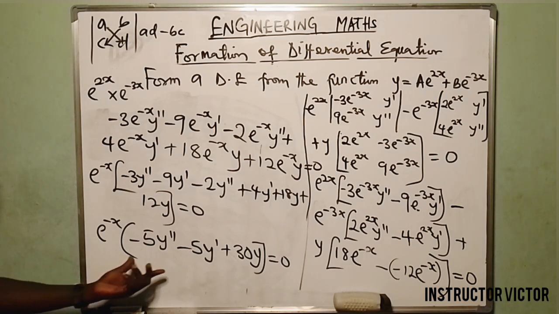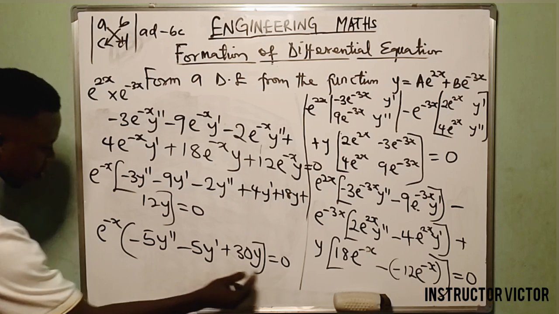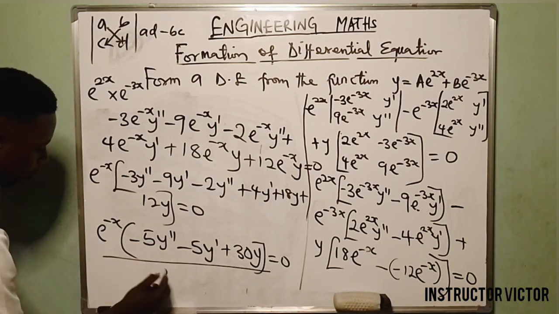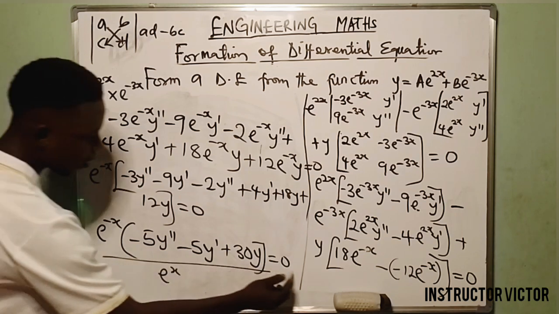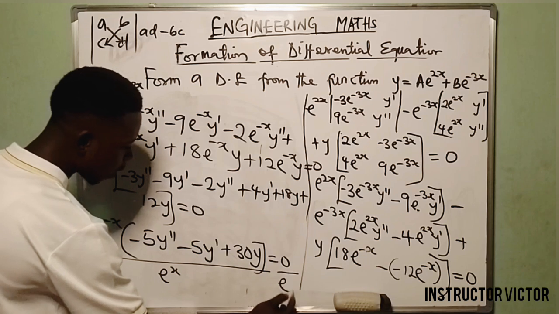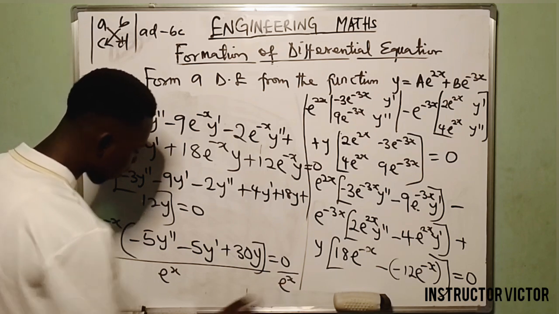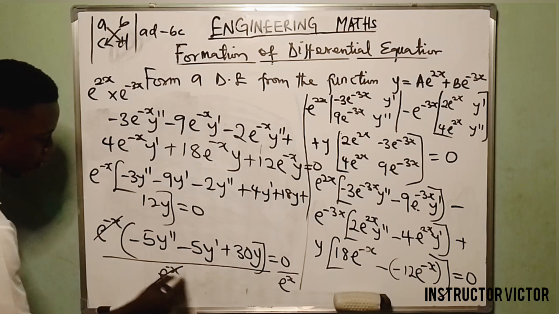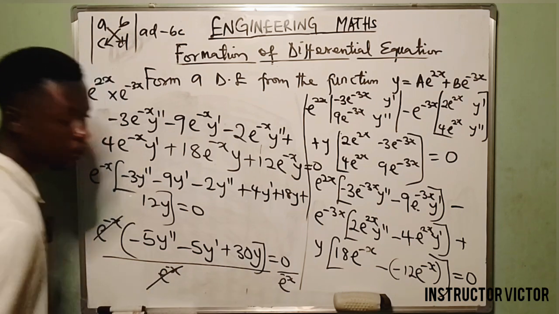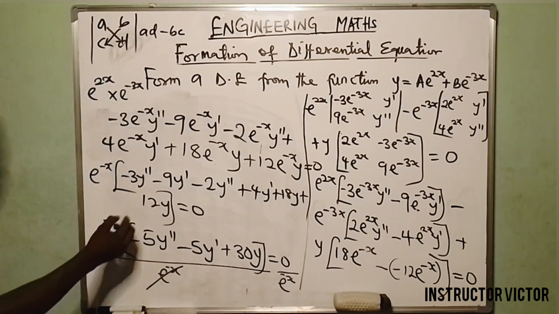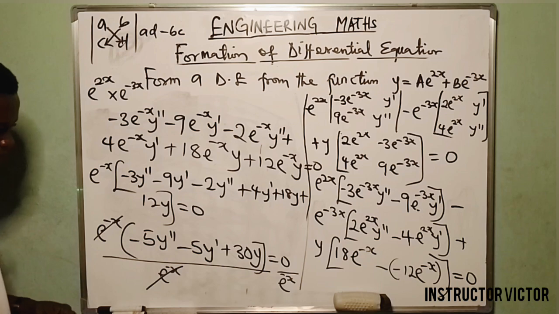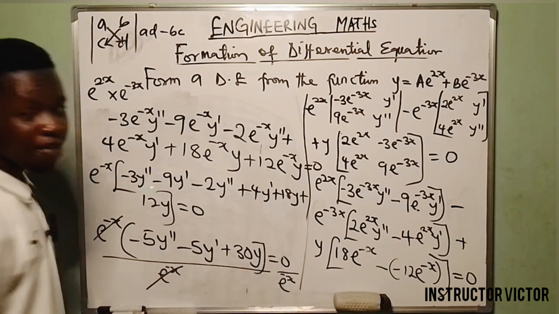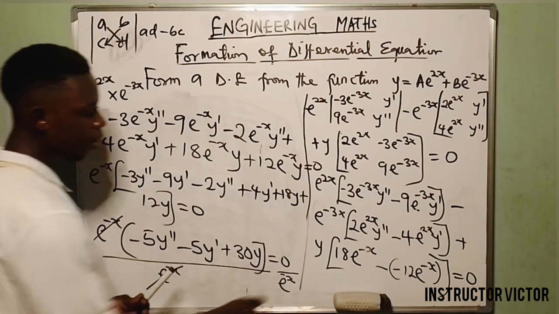Now, what else are we going to do? We will divide both sides by exponential minus x. Exponential minus x will cancel exponential minus x, and then 0 divided by any value will still give us 0.